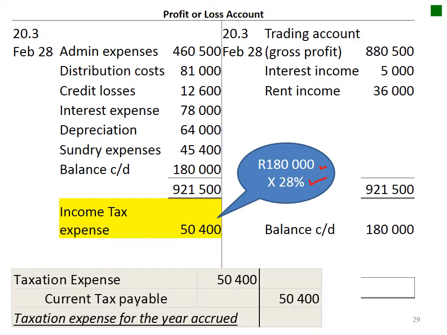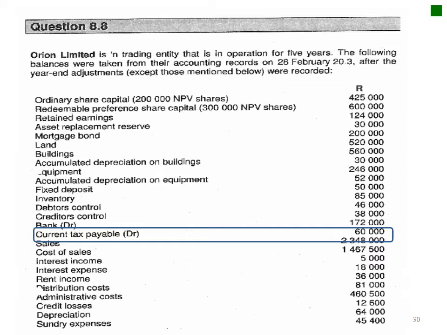Again, there's a journal entry here which they're not showing us, where we're going to debit taxation expense with 50,400 and credit current tax payable, and we're going to look at both of those general ledger accounts now. The current tax payable, remember we said there was 60,000 of provisional tax payment.